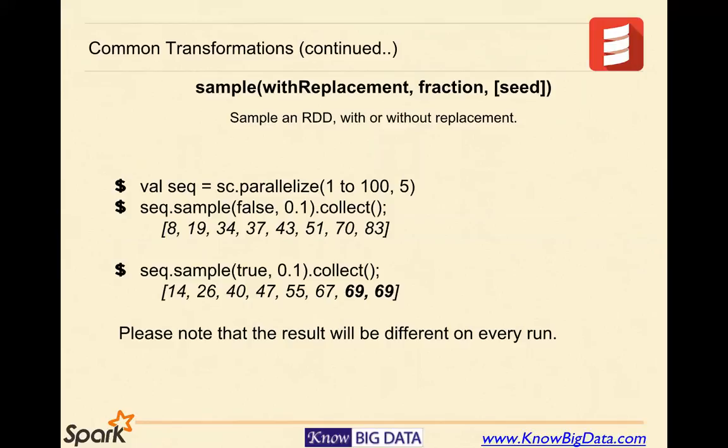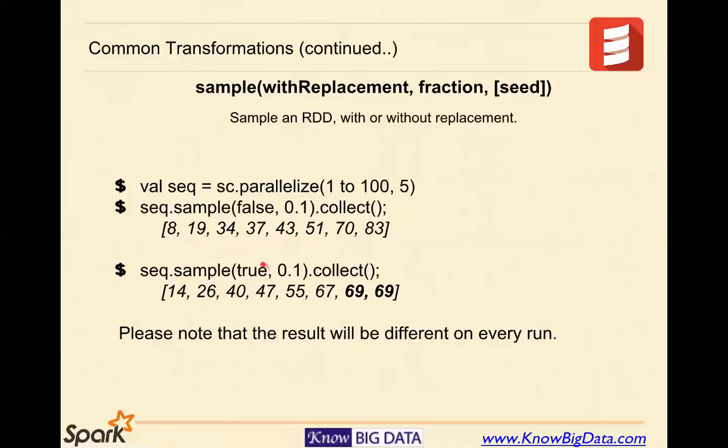Sample can give you a fraction of the total records, with or without replacement. If you say false and then give a fraction, it means you cannot put it back, which means these records will not have duplicate entries.